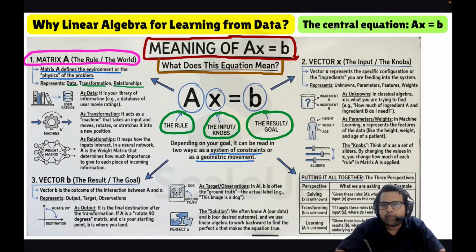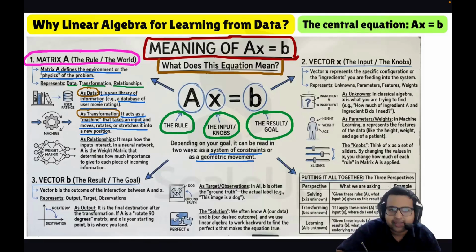If matrix A is representing data, then you can treat it as your library of information, like a database of user movie ratings. So matrix A can store data. It can even store transformations. If it is storing transformations, then it is acting as a machine that takes an input and moves, rotates, or stretches it into a new position.